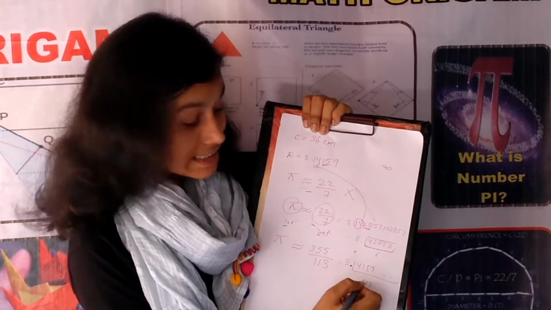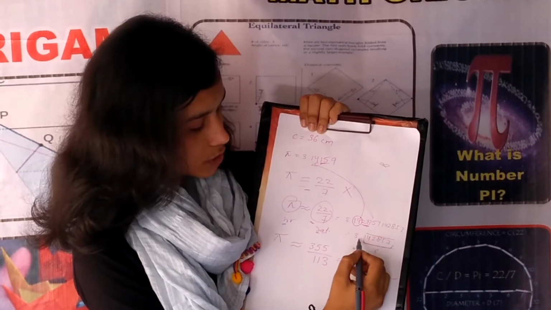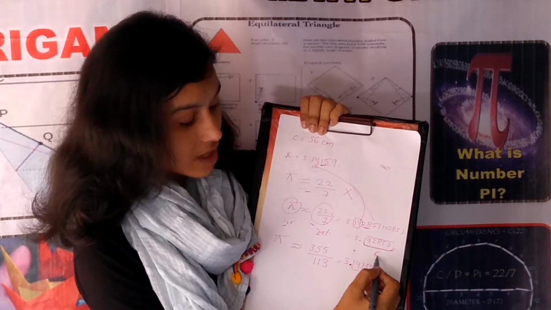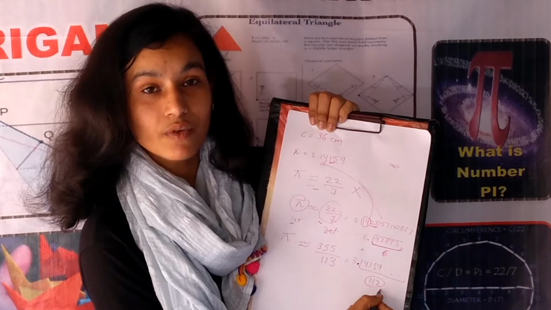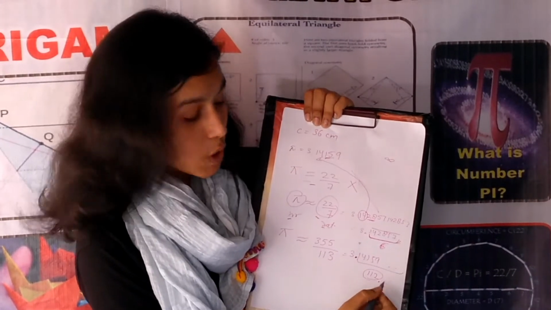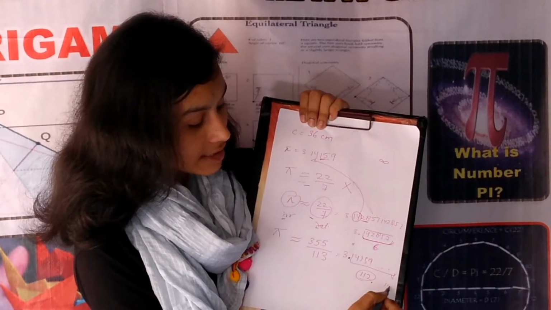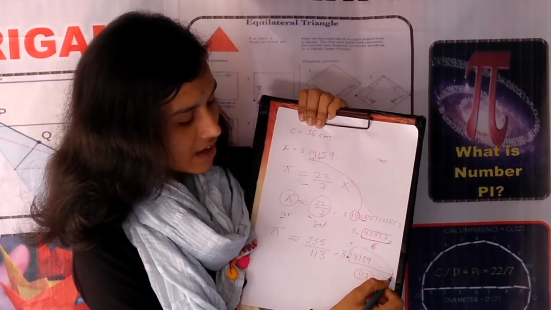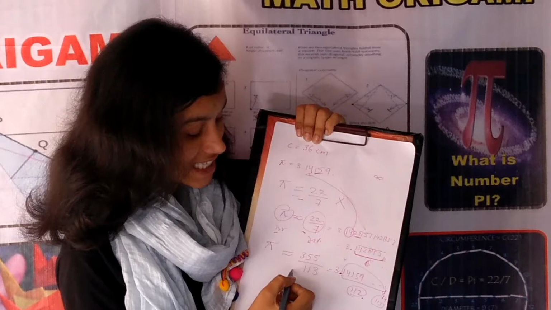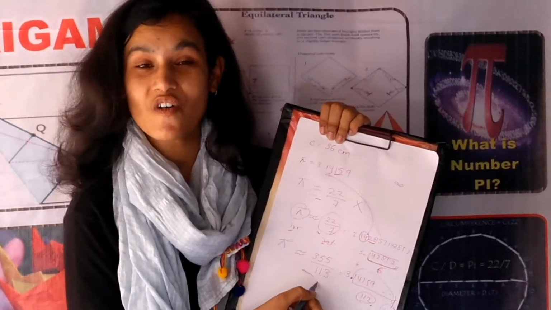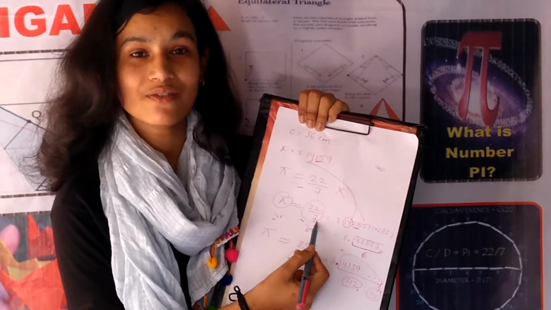Got it? Just like 22/7 gives 6 digits before repeating itself, this gives 112 digits without repeating itself. At the 113th place we get the repeating. So this is a more exact value of pi than 22/7.